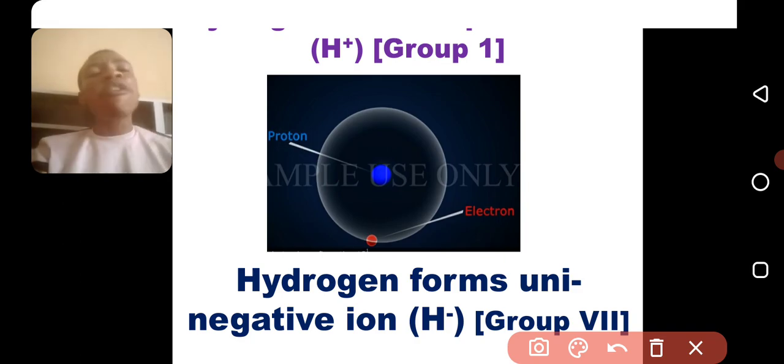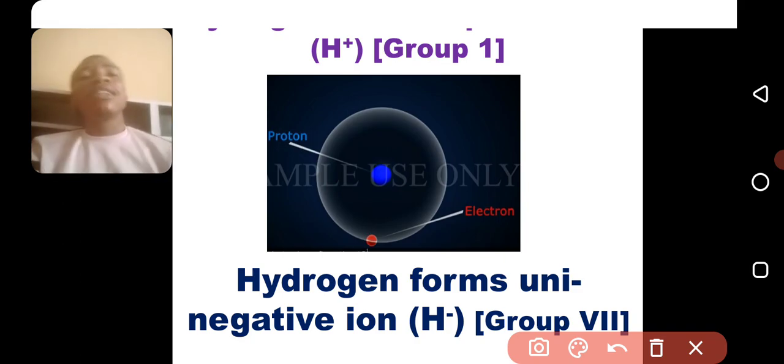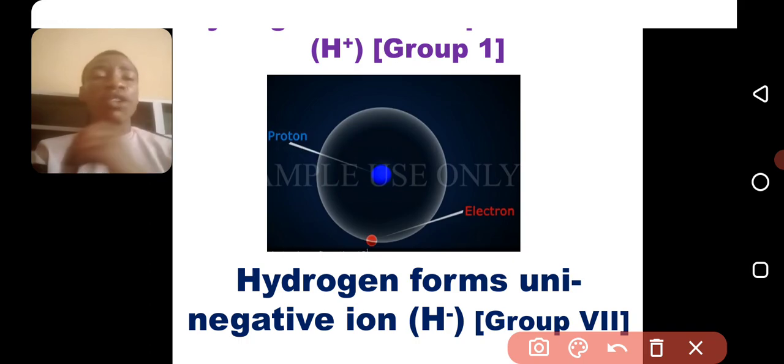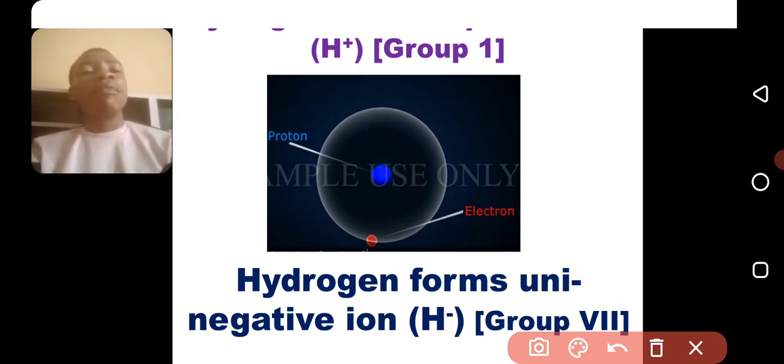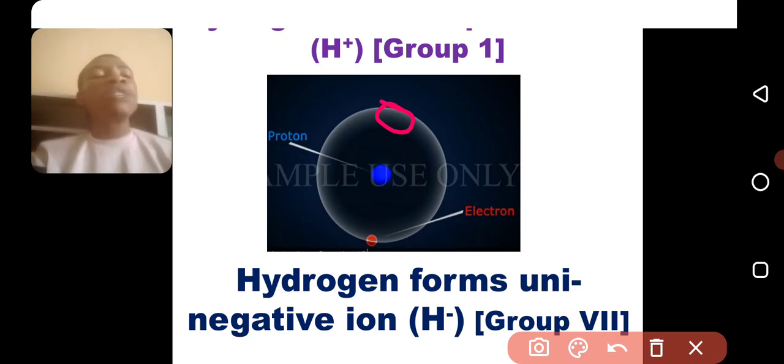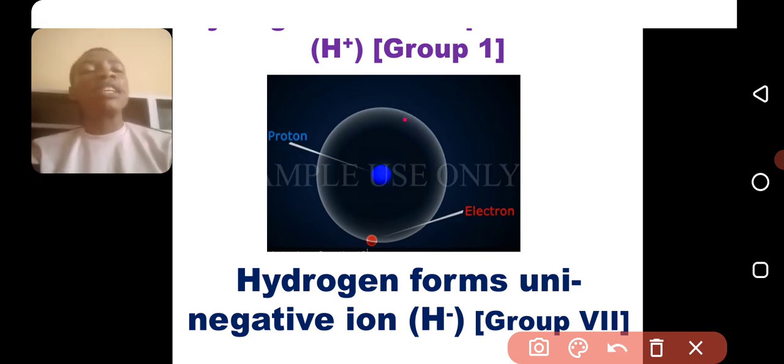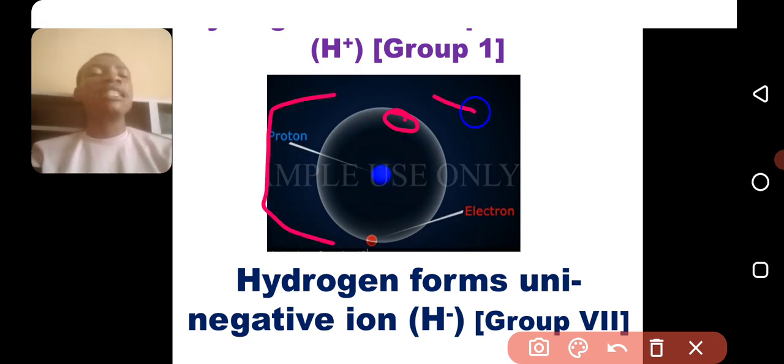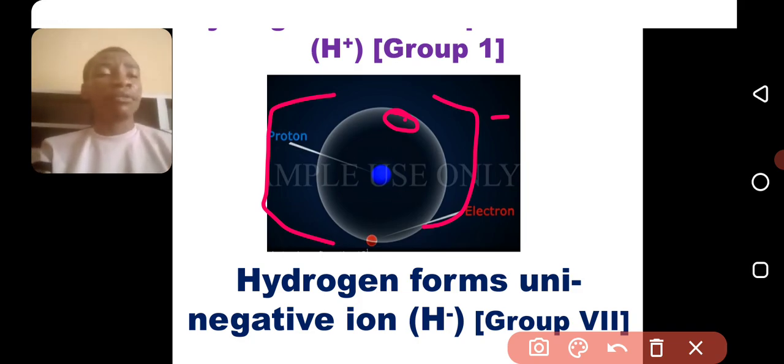It can also form a uninegative ion like the elements in group 7, because it already has one electron, so putting one more there will make it 2, and with those 2 it can attain stability. That's a uninegative ion.